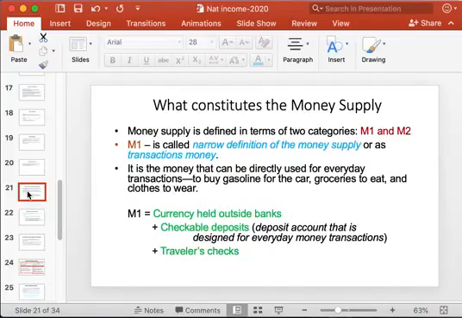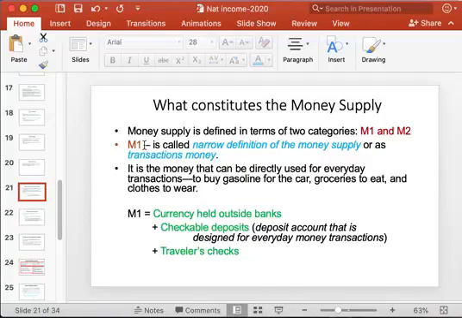And in order to understand the concept of control of money, we need to understand what money supply is. So money supply is defined in terms of two categories, M1 and M2.